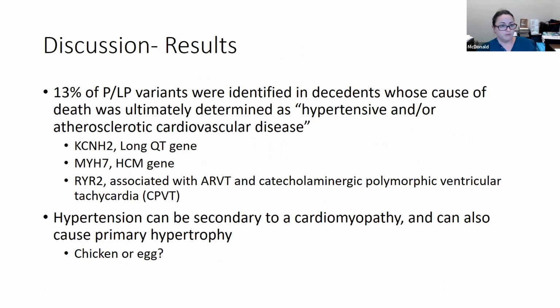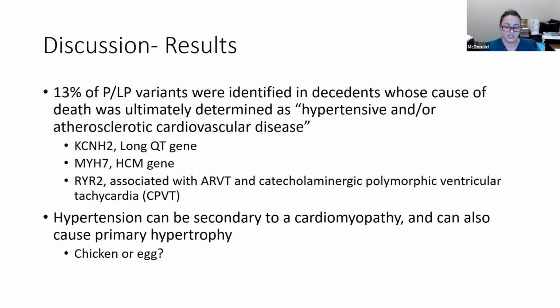The very interesting point was that 13% of the pathogenic variants were identified in those with hypertensive or atherosclerotic cardiovascular disease. So this talks about the chicken and the egg question. Hypertension can be secondary to cardiomyopathy, and hypertension can also cause primary hypertrophy.